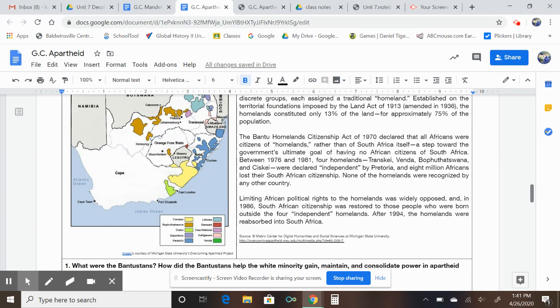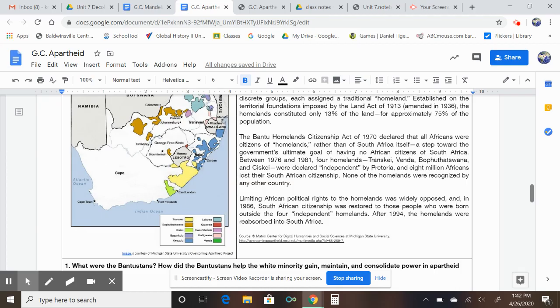The Bantu Homeland Citizenship Act of 1970 declared that all Africans were citizens of homelands rather than of South Africa itself, a step towards the government's ultimate goal of having no African citizens of South Africa. Between 1976 and 1981, 4 Bantustans, Transkei, Venda, I'm not sure how to pronounce that, were declared independent by Pretoria, and 8 million Africans lost their South African citizenship.